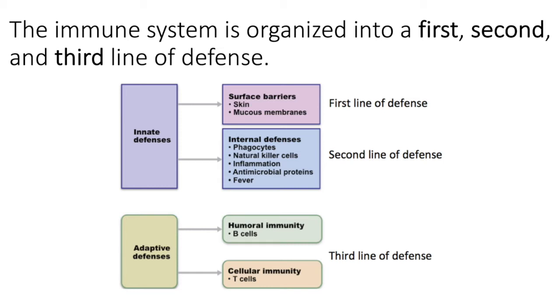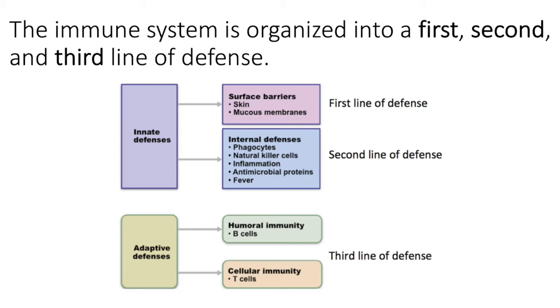They attack a pathogen that they are sensitized to and then eradicate it. The innate defenses are immediate, whereas the adaptive defenses take 7 to 14 days to generate. So let's talk about each of these lines of defense.